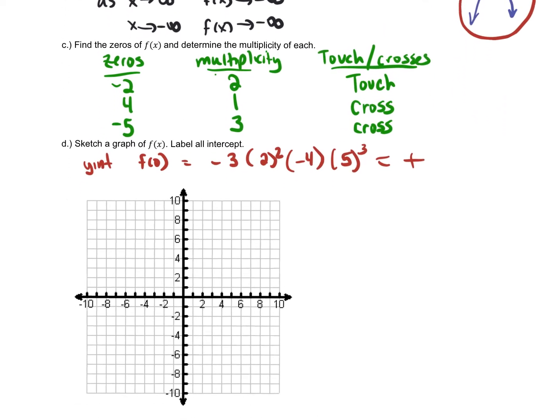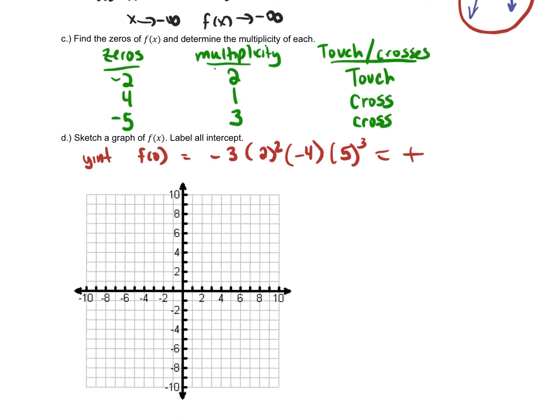So if I'm going to sketch this, and I wish I wouldn't have labeled the axes with numbers, but it's okay. We're going to have an intercept at 2, an intercept at 4, and an intercept at negative 5. I know it's going to start going from the bottom, going up, pardon me. At negative 5, it crosses. It's got to turn around somewhere.